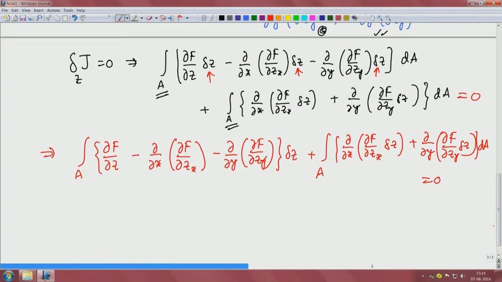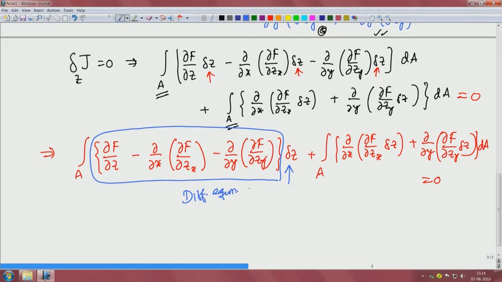So, we have two parts and delta z is arbitrary. So, what multiplies it, according to the fundamental lemma, must be equal to 0. We have two parts, this differential equation part and the boundary condition part. Let us remember this is the differential equation part of the necessary condition, whereas this is the boundary condition part.